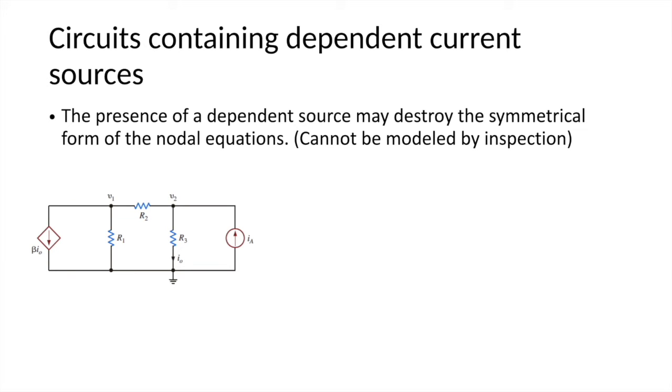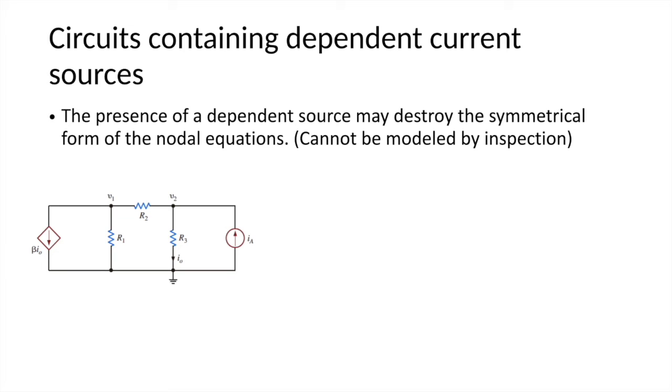So we introduced how to write the equation in the matrix form by observation, but this only applies to the circuit that only consists of independent current sources.